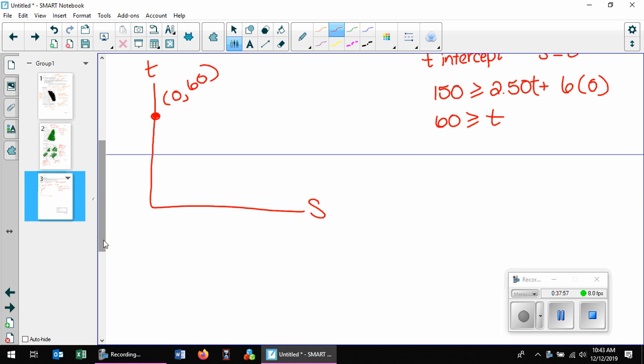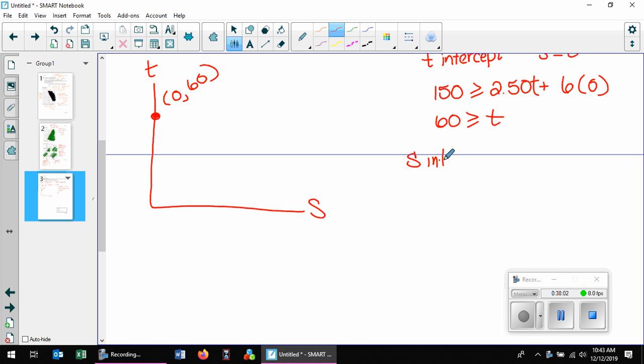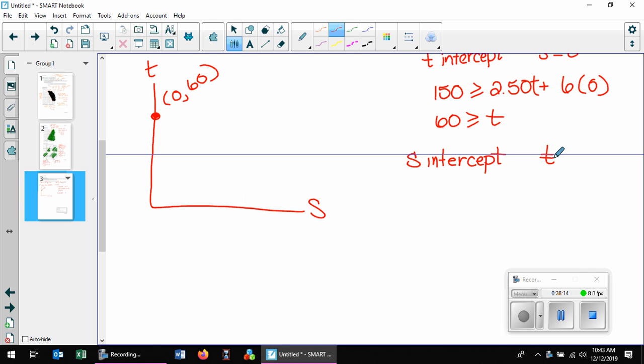Now we're going to graph the s-intercept. And what do we know? What do we know about t at this point? Only stones this time. I'm going to lose my mind. Oh, my t has an equal sign in it. So this one's going to be 150 is greater than or equal to 2.50 times 0 plus 6s.